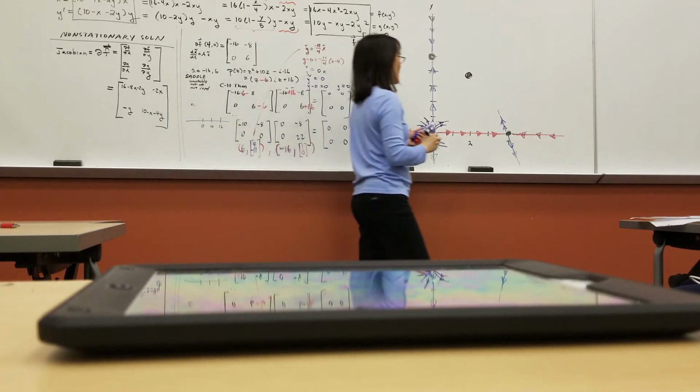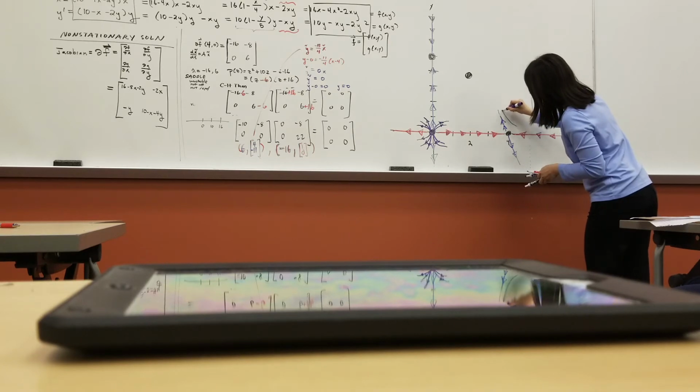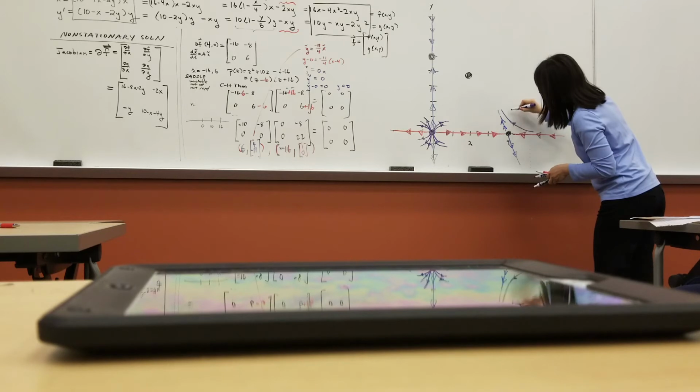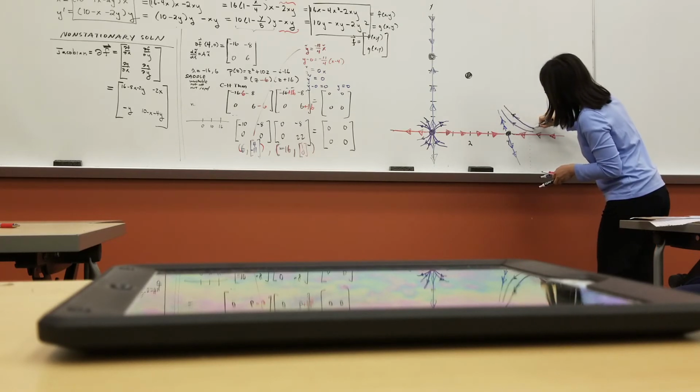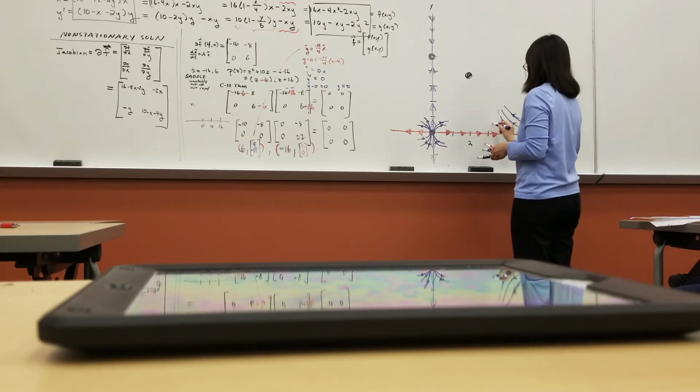Okay, so now let me go ahead and just draw these guys. So we have this. What we see is mainly the environmental issue. We have something here that kind of looks like this.